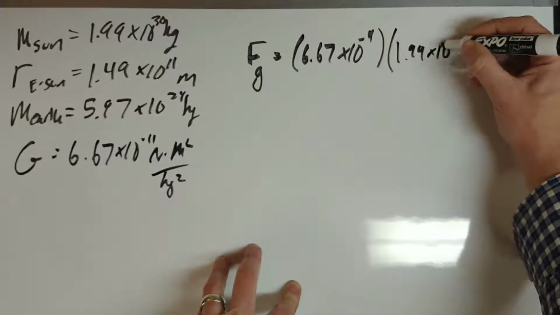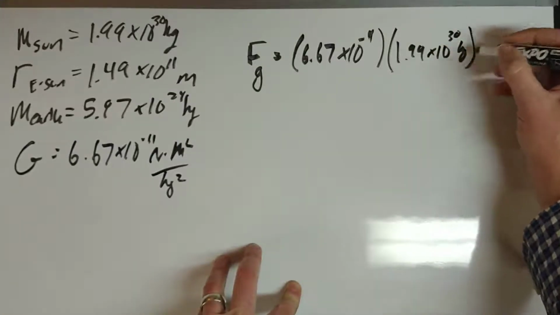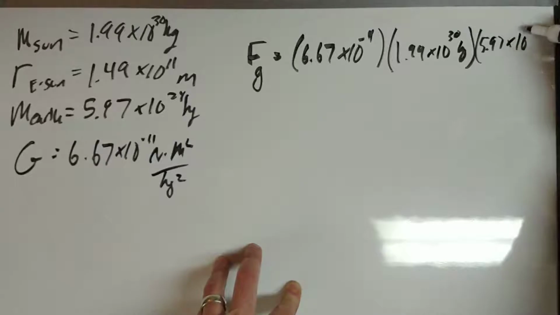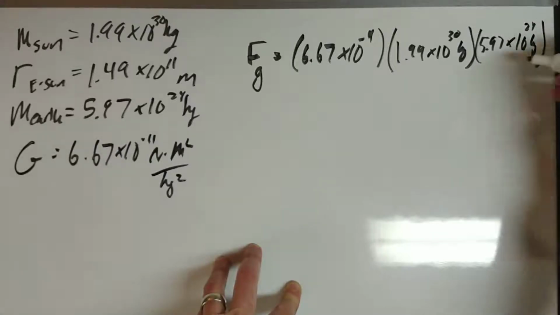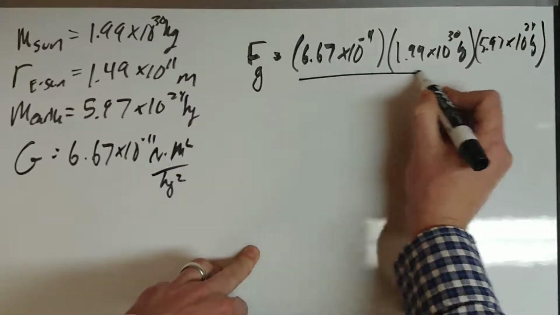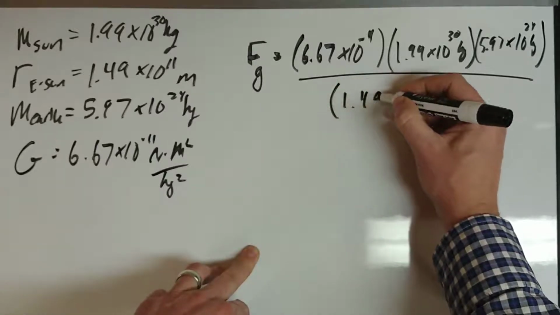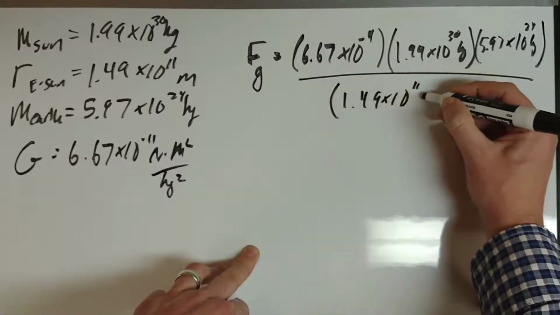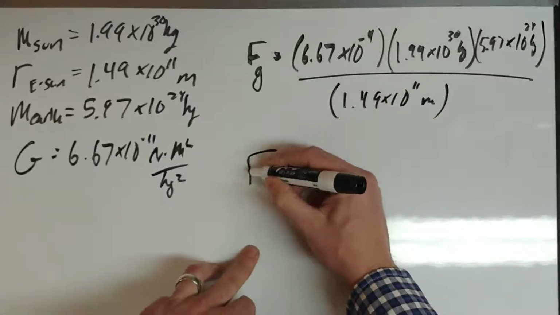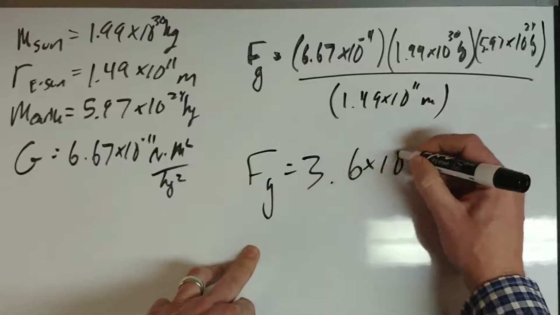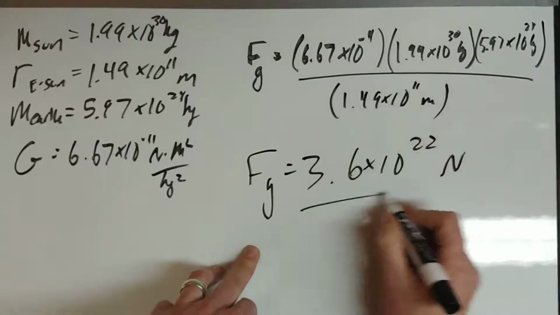1.99 times 10 to the 30th kg, and then the Earth, 5.97 times 10 to the 24th kilograms, divided by the distance between them squared, 1.49 times 10 to the 11th meters. And I plug this all in my calculator and I get about 3.6 times 10 to the 22nd newtons.